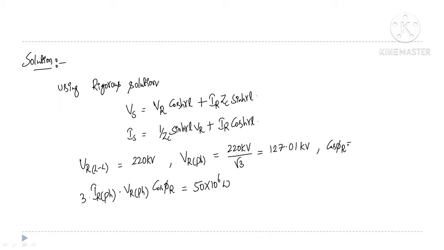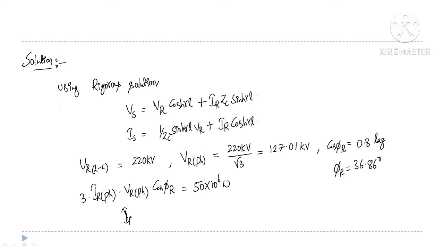What is meant by cos phi r? It is the receiving end power factor, and it is given as 0.8 lag. If you take the cos inverse of 0.8, you will get the angle. So phi r is 36.86 degrees.